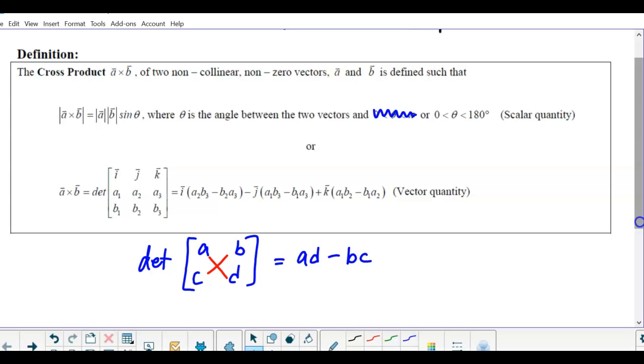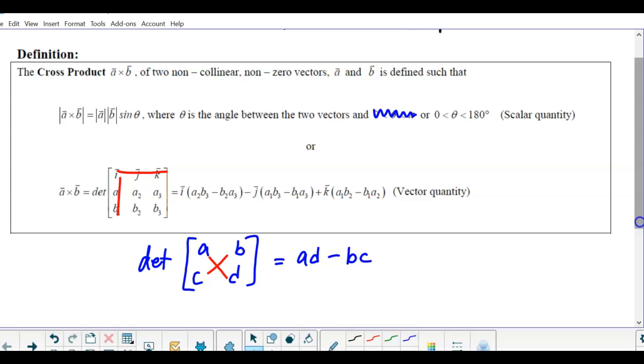They're now shown horizontally in this matrix. And the first row are the standard basis vectors. So in terms of the determinant of a 3x3 matrix, you take the first component, that here is vector I, cross that off, and take the determinant of the remaining square matrix. So A2 times B3 minus A3 times B2, or switch it around.